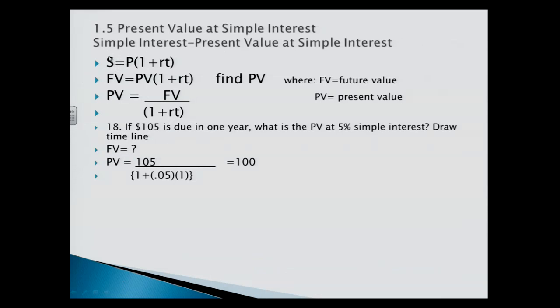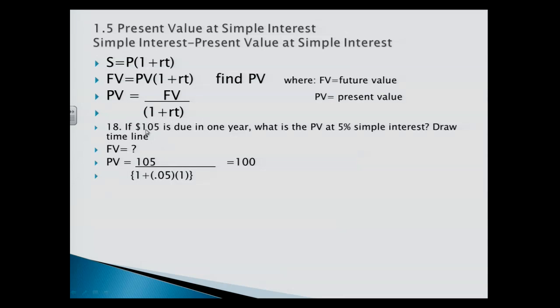And our future value, instead of S, we call it FV for future value. So here's our formula, but we're going to solve for PV, and we get PV equals FV over 1 plus RT. A very similar formula is on your formula sheet. You might want to pause, and it says P equals S divided by 1 plus RT.